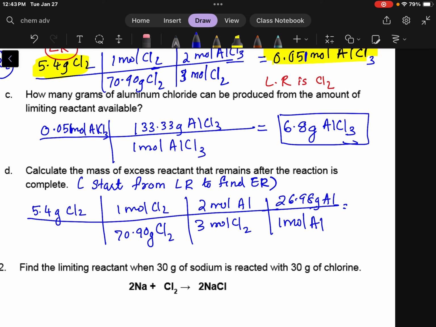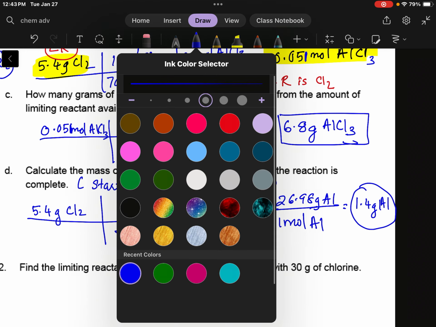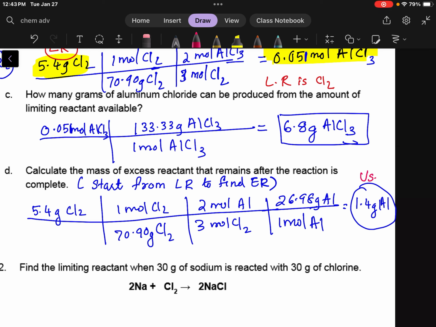Let me calculate that. You will get 1.4 grams of aluminum. So this is the amount used or needed to make that much product.